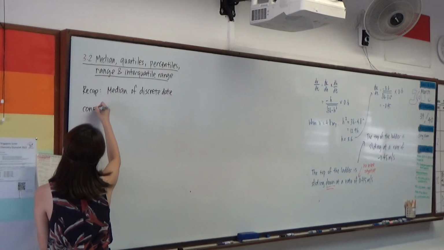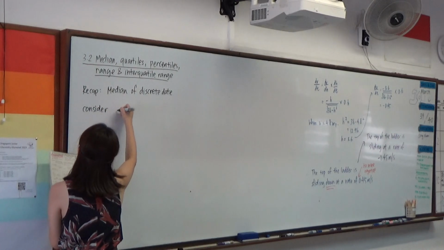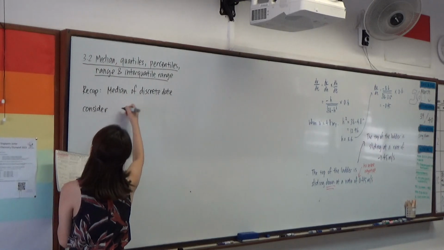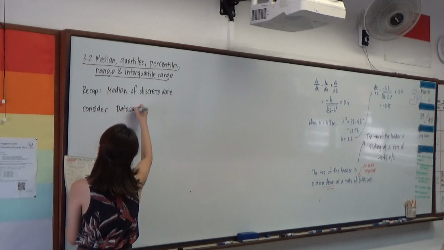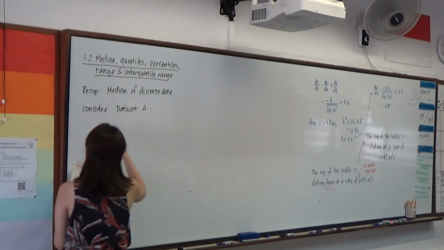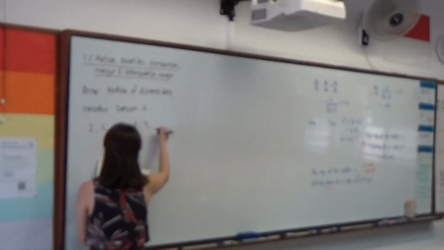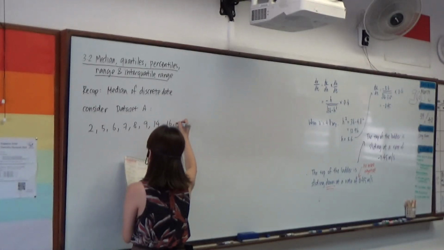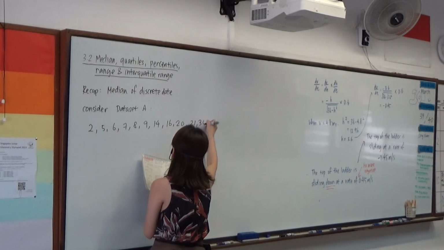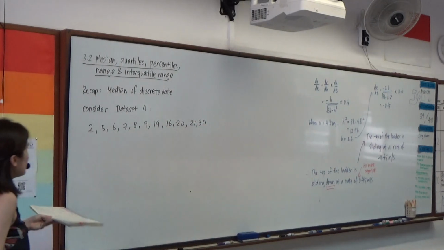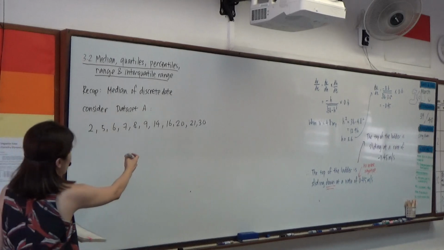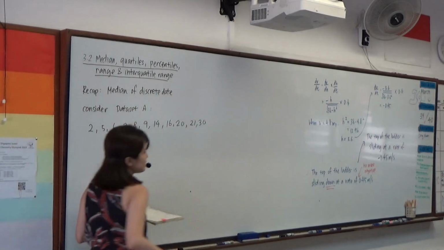So I want us to consider one data set that I shall call data set A. No context to it, I just see it as numbers or data values. So I have 2, 5, 6, 7 and so on until 21 and 30.